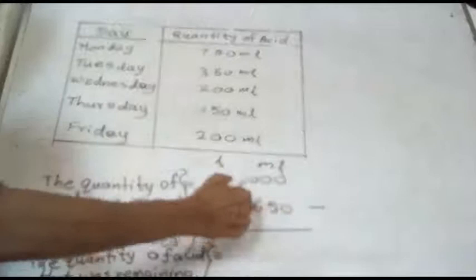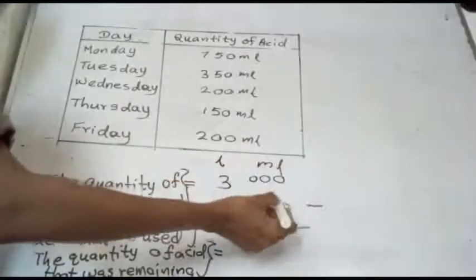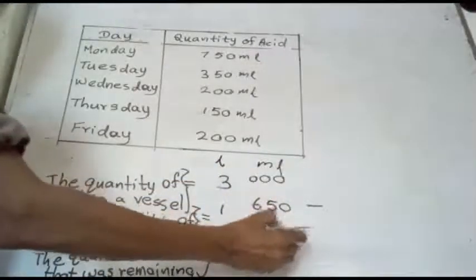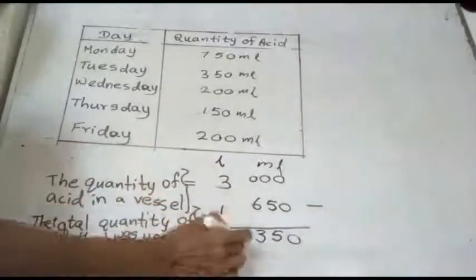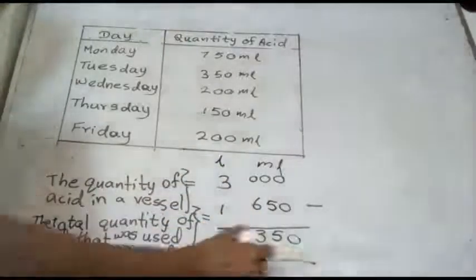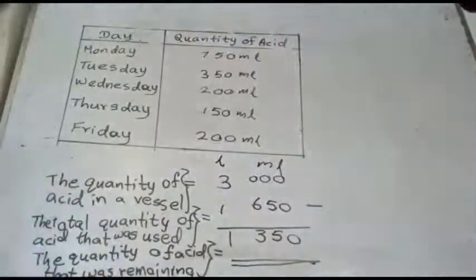Here we can't subtract 650 from 0. We take 1 from here. 1000 milliliters subtract 650 is equal to 350. 2 subtract 1 is equal to 1. 1 liter and 350 milliliters is the answer.